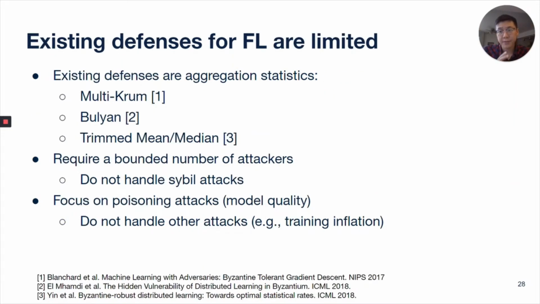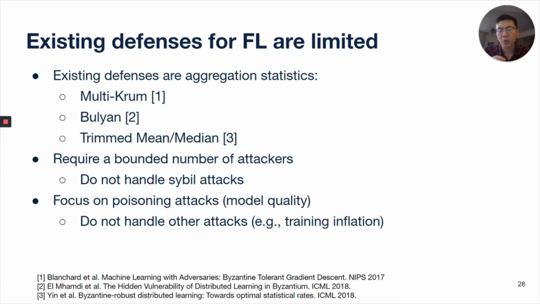Current defenses for federated learning are unable to handle this wide variety of attacks. Existing defenses for federated learning, such as multi-Krum, Bulyan, or the trimmed mean and median, are essentially aggregation or summary statistics. They all make the assumption that some summarizing statistic is the best estimator of benign behavior in a federated learning system.